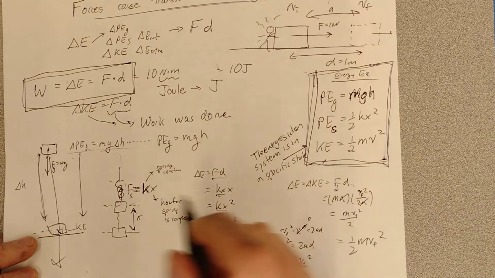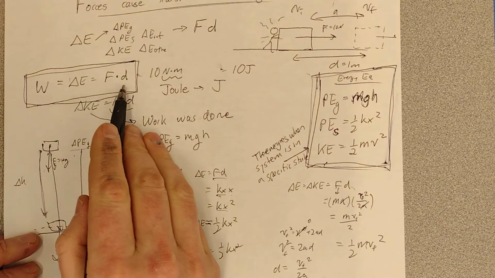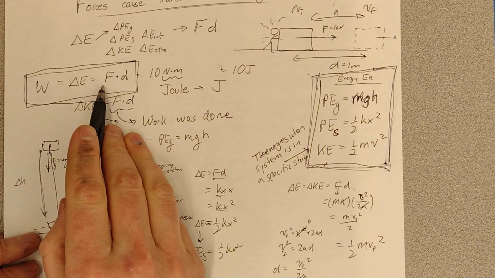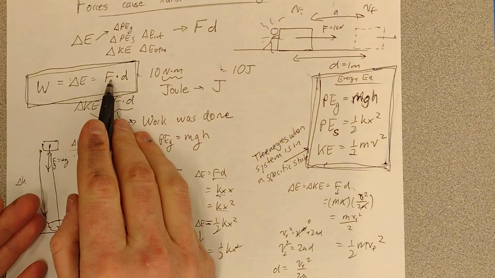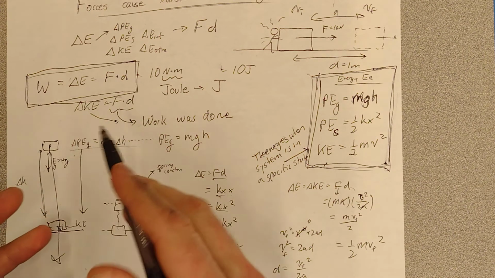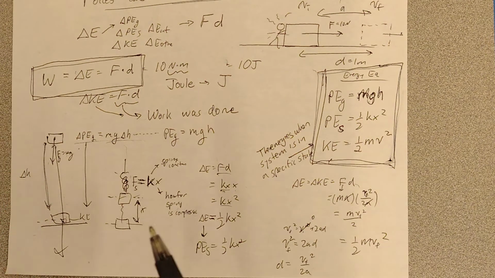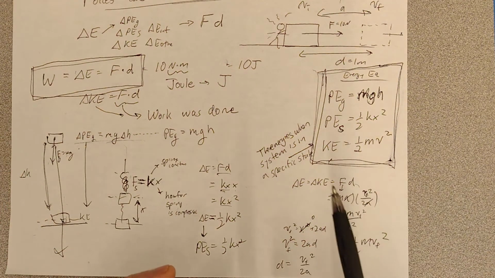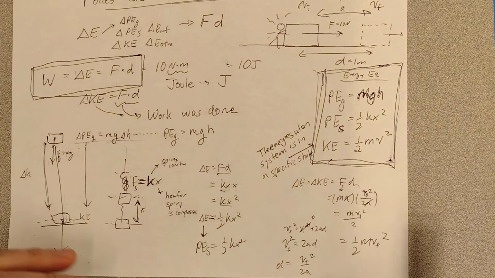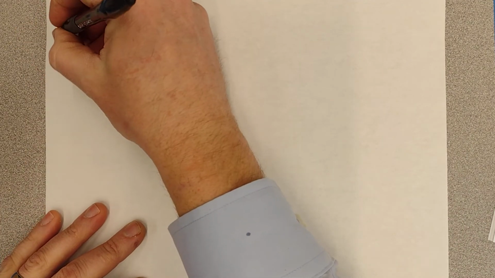So at the end of the day, what you need is work equals change in energy, which we quantify as the force acting per distance. This is why I've said a few times that energy is really a product of force. I'm going to go to this page and copy down my energy equations.